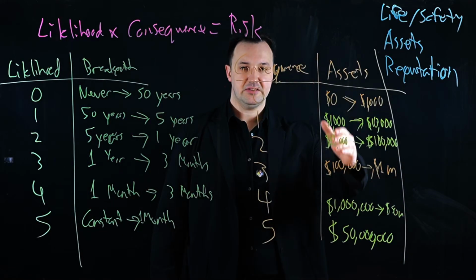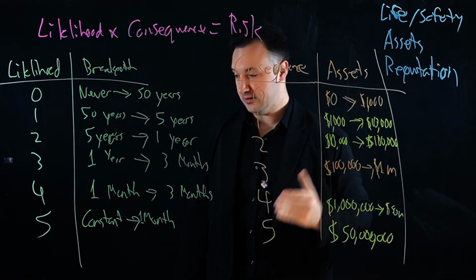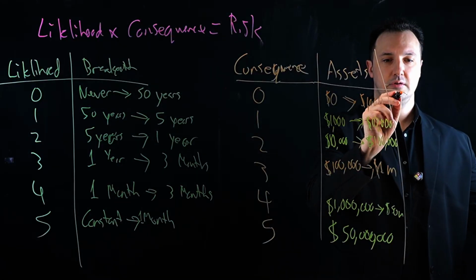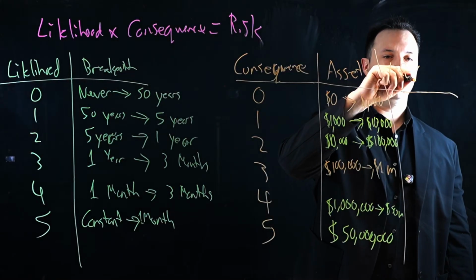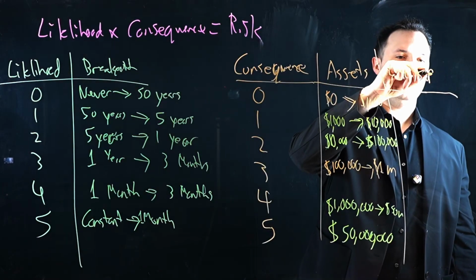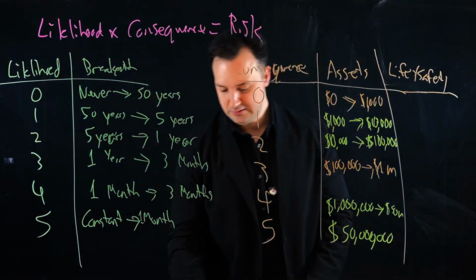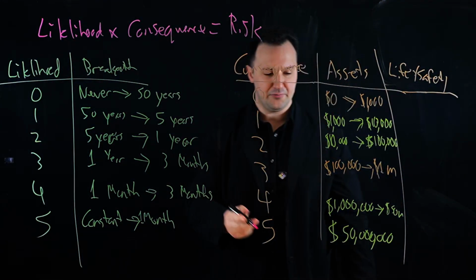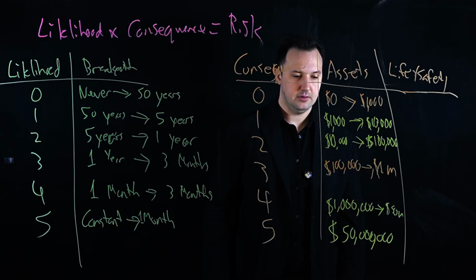Now, we could extend this, like with the life safety, assets, and reputation. For example, we could extend this, and we could do life safety. So we send this to life safety, and we can start filling in things like a 5 could be, for a company of this size, catastrophic life loss.